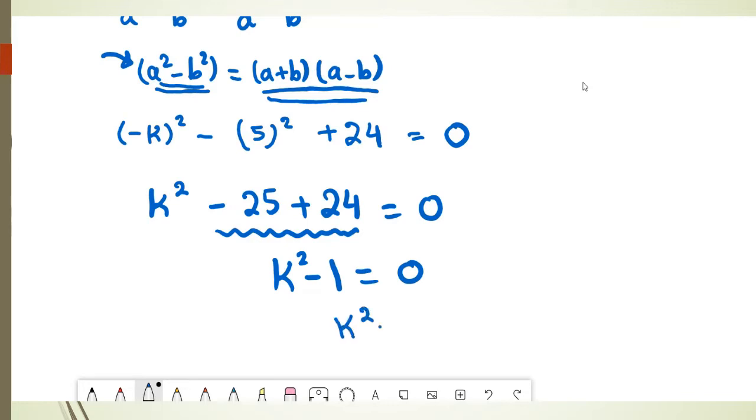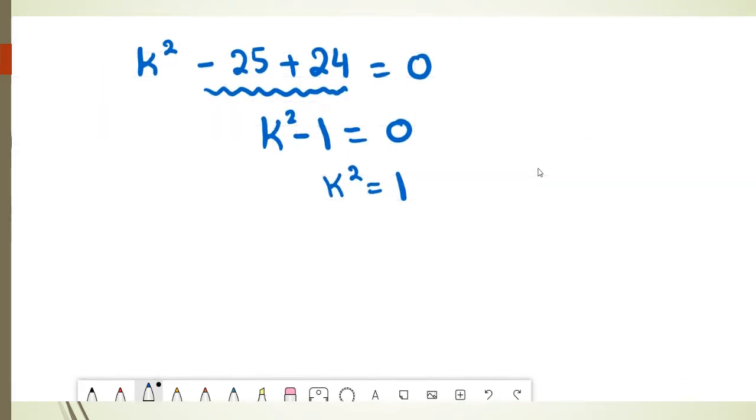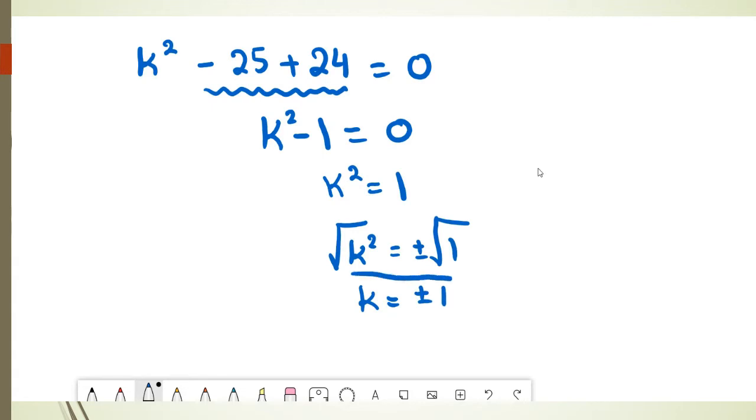K squared equal to 1. Take the square root for both sides, and get k equal to plus and minus 1. So this is our answer.